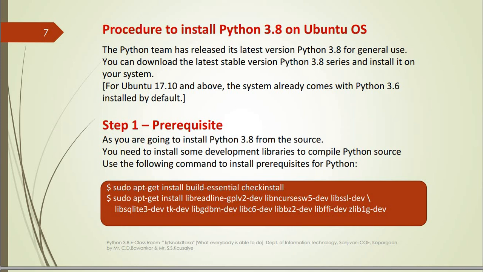Step number 1, prerequisite: as you are going to install Python 3.8 from the source, you need to install some development libraries. To compile the Python source, use the following commands to install the prerequisites. You can copy these sudo commands from the PDF which I have given to you. First command is sudo apt-get install build-essential checkinstall.